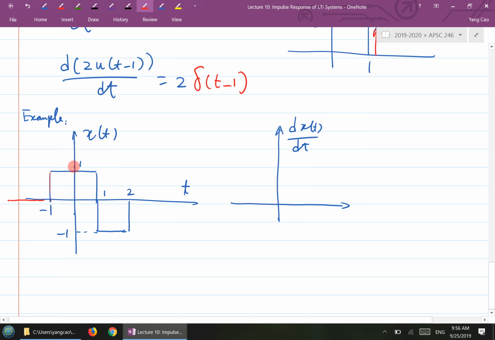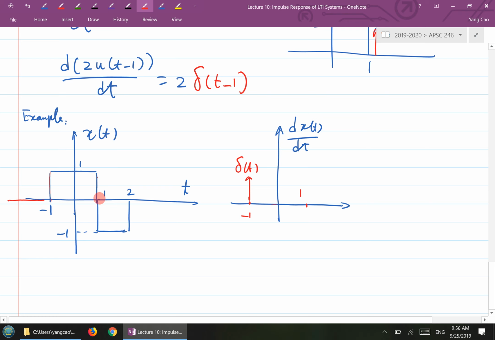So at -1, you will have a delta t here. Then from here up to t equal to 1, it's flat again, so basically it goes back to a slope of 0.